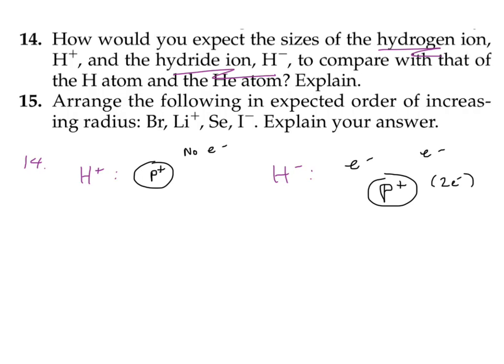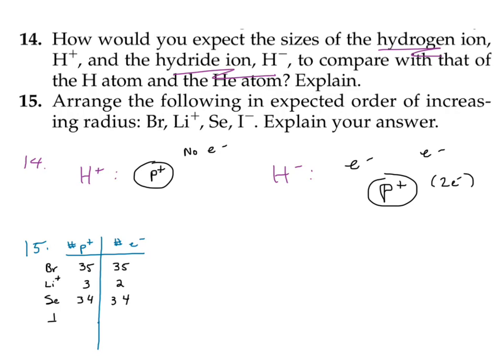The next one: arrange these in order of increasing radii. My hint there was, for a couple of these problems, I would do it like we've done. For each species, write the number of protons in the nucleus, and then write the number of electrons, and go from there. I guess you probably should find them in the periodic table too.